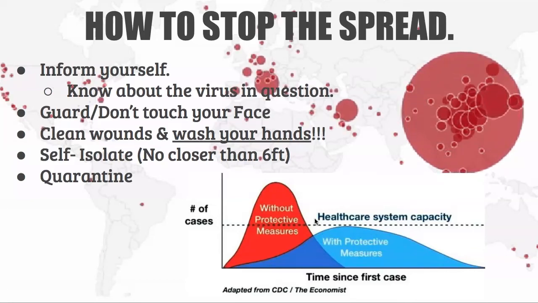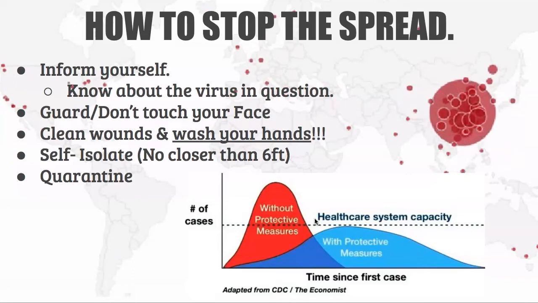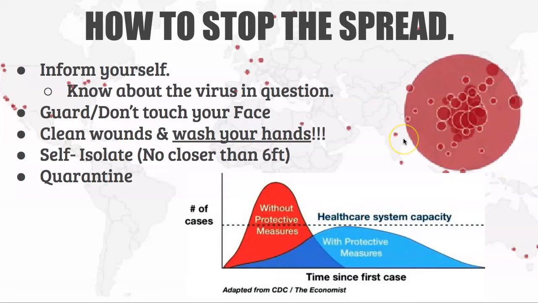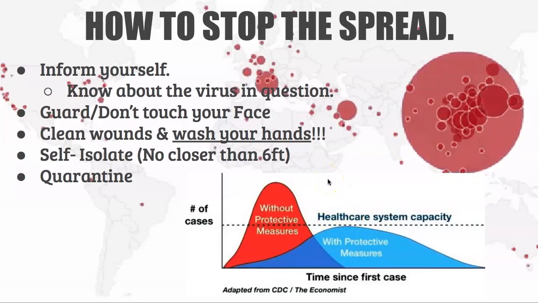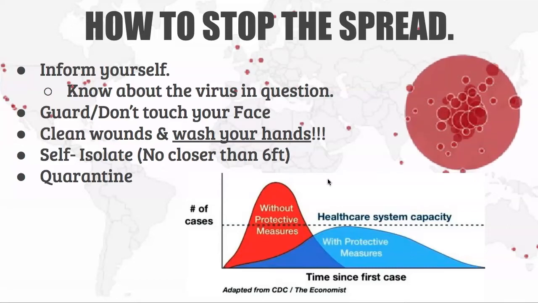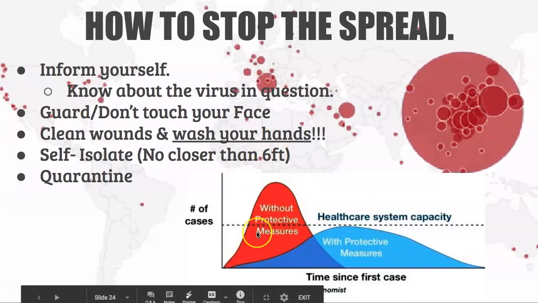And so being around these people and being especially airborne, that means it could spread really fast, like we saw in China or in Italy. And so we don't want that to happen. We know a lot of people are still going to get sick from it. In fact, probably the same amount of people are going to get sick from it as would be before. However, the reason we quarantine is because of this little graph right here.